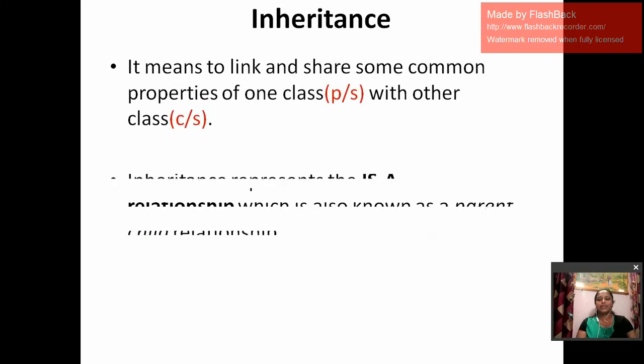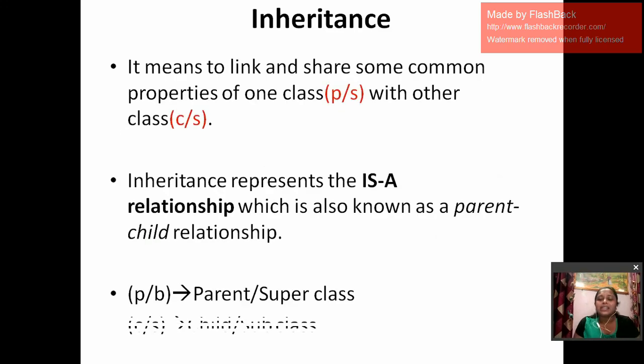Now inheritance. Inheritance is a very interesting principle. Suppose we all get some of the characteristics in us from our parents. That means we got some characteristics from parents as well as some of our own.